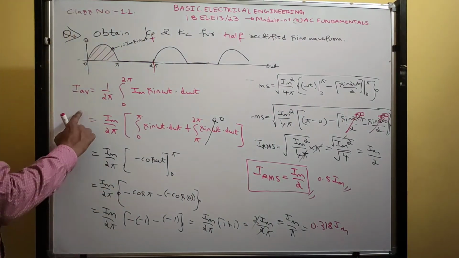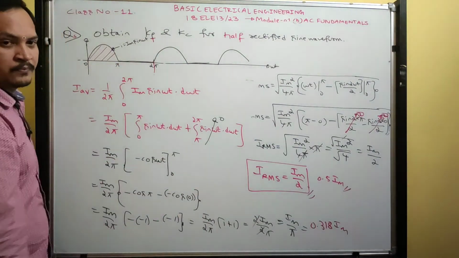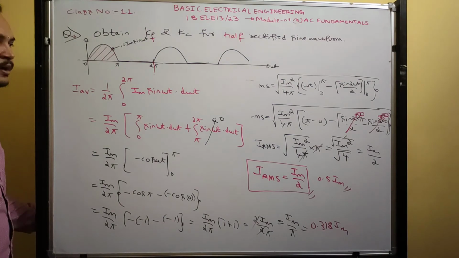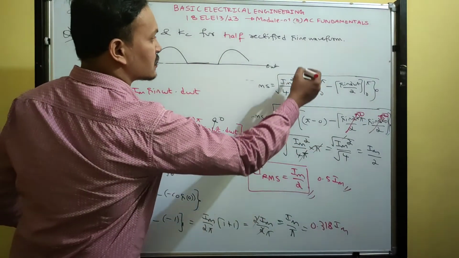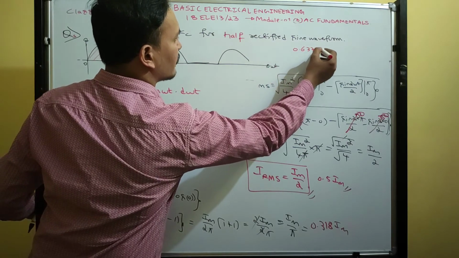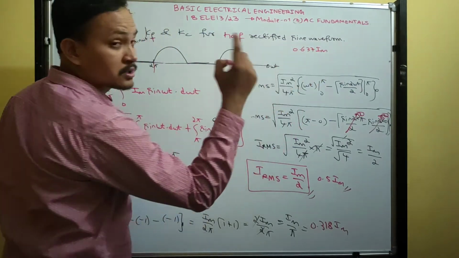So what is the average value of a half rectified waveform? 0.318 times of Im. How to remember this? What is the average value of a full rectified waveform? 0.637 times of Im, for a pure sinusoidal waveform.